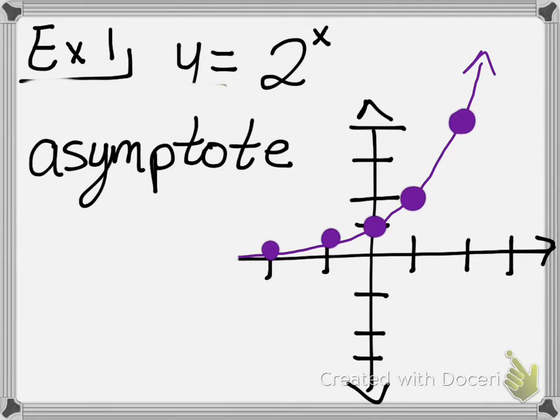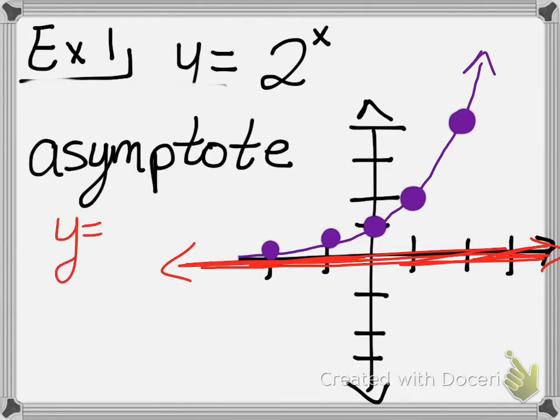In this case, the asymptote is going to be the x-axis here. So we need to write the equation for that. Since it's horizontal, that's going to be y equals a number. And the value of y on that red line there is 0. So that's the asymptote there.